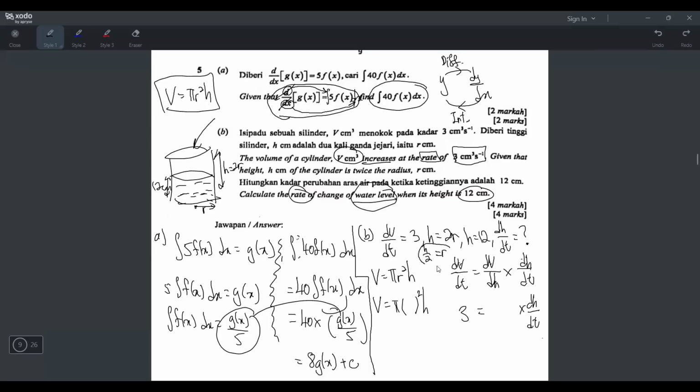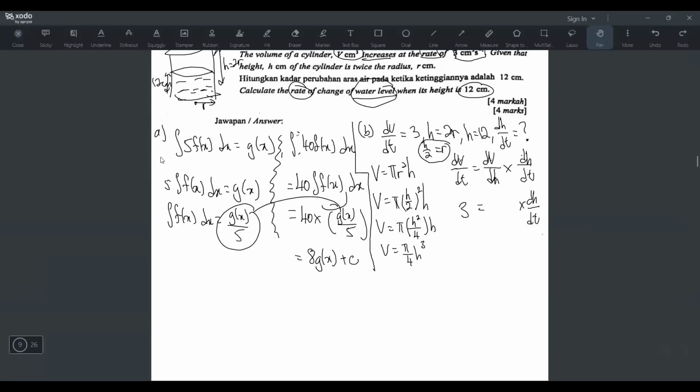Agree, right? So we can put it inside here, because I want V in terms of H only. So now it becomes H square over 2 square, which is H square over 4. So it becomes H square over 4 times H. If you simplify this, you will get pi over 4, H square times H is H power 3.